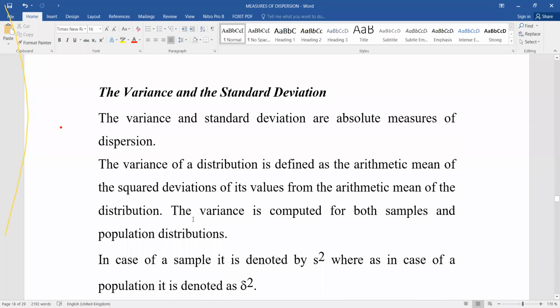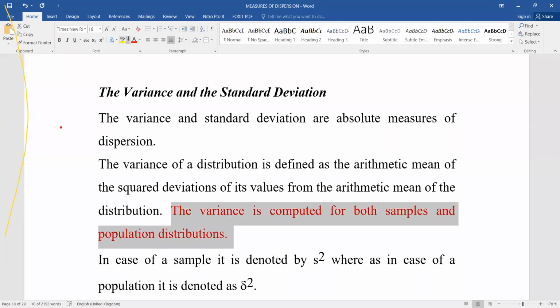and population. Remember, we define what the population is.